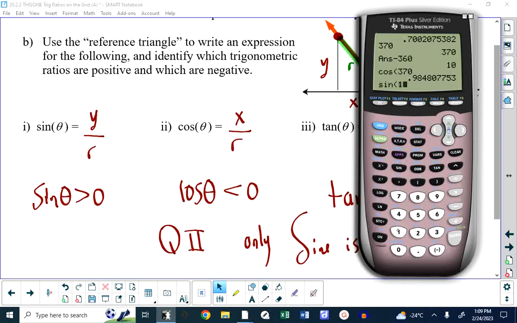The sine of 112.8 is positive because in quadrant 2 sine is always positive. The cosine of 112.8 is negative because in that quadrant cosine is negative. The tangent is negative. The number itself we'll talk more about as time goes on, but for the time being, this is the important point.